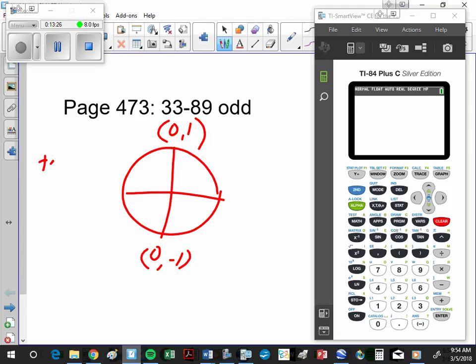So the tangent of either of those is going to be 1 over 0 or -1 over 0, which doesn't exist. Right, so cotangent has problems at 0 and 180. The tangent has problems at 90 and 270. Good observation.